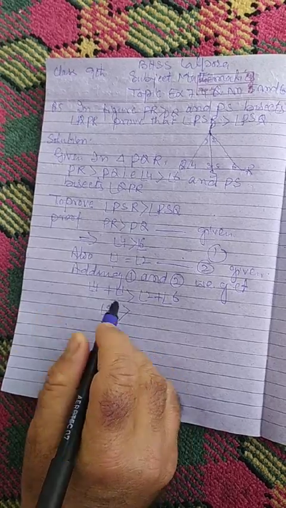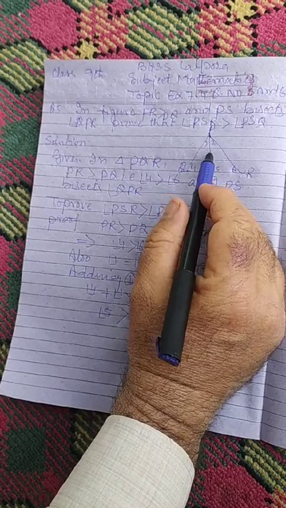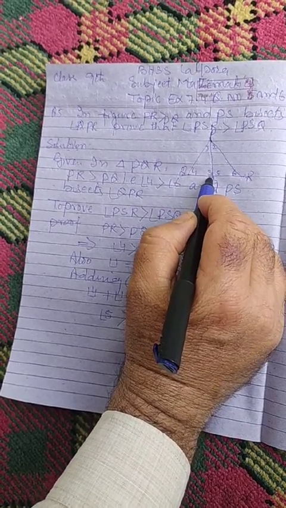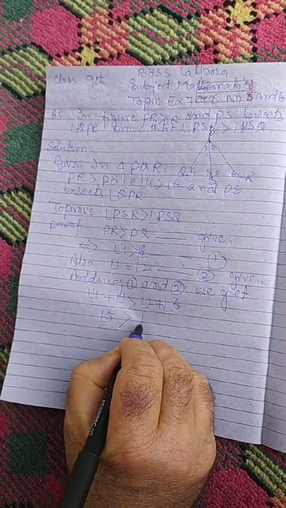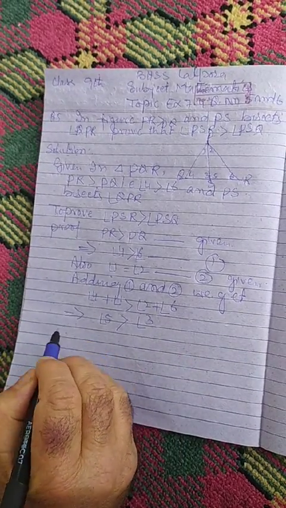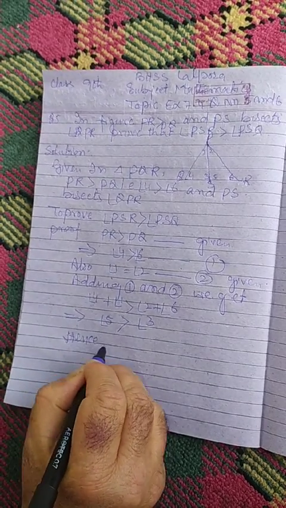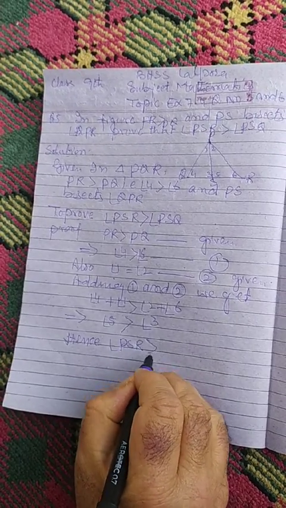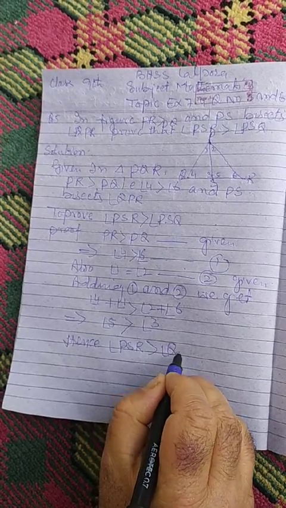Angle 2 plus angle 6 is the sum of the opposite angles of exterior angle PSQ, which is denoted as angle 3. Hence, angle PSR is greater than angle QSP.